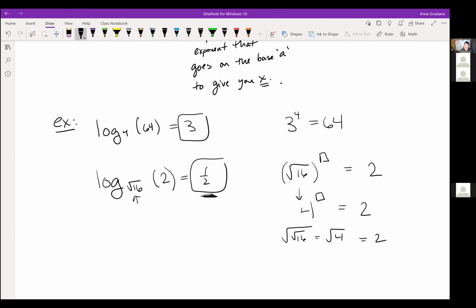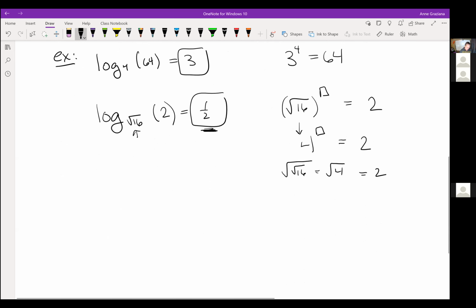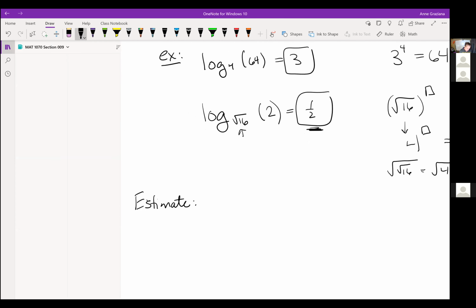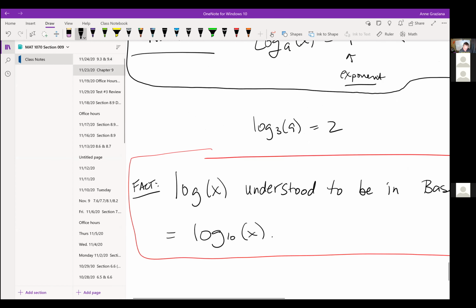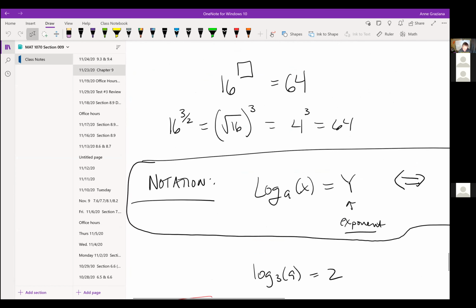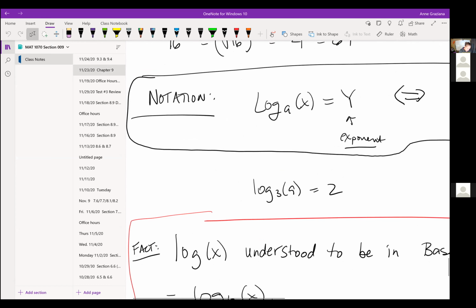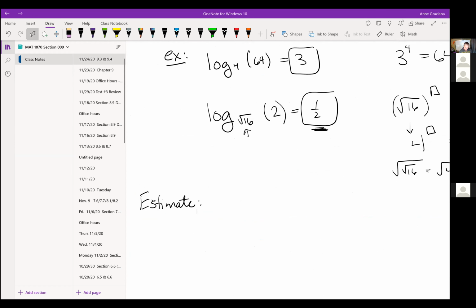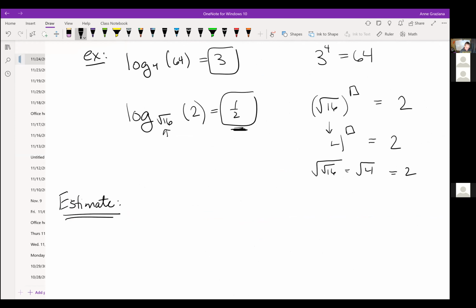Now, did we do estimating? Did I talk about estimating? I can't remember. Oh, I guess I can always just go back and look, right? No, I did not. Okay, good. That's what I thought. So we can estimate some of these too.